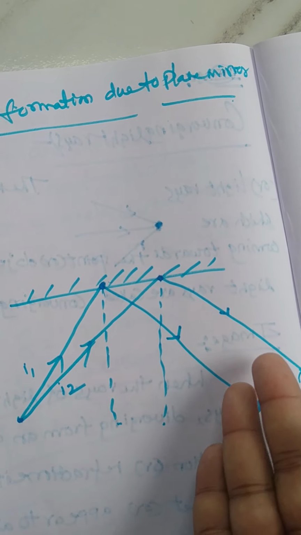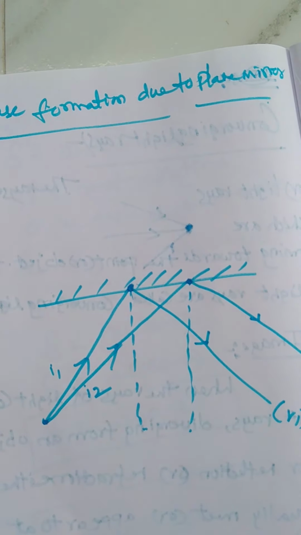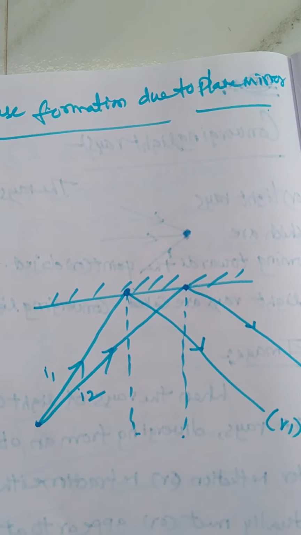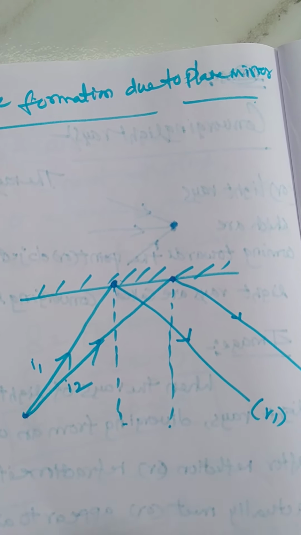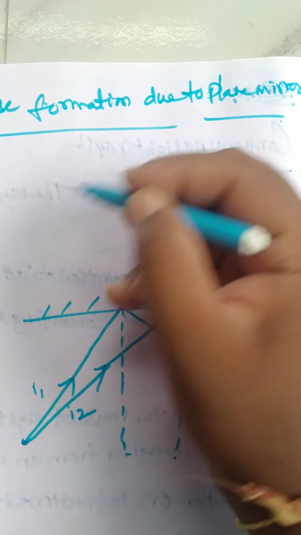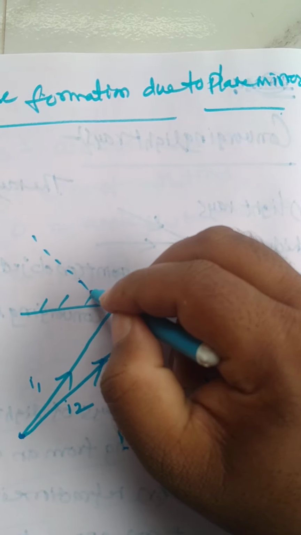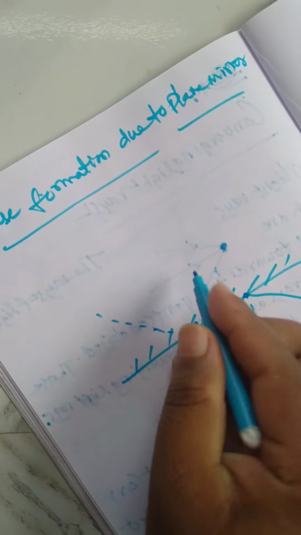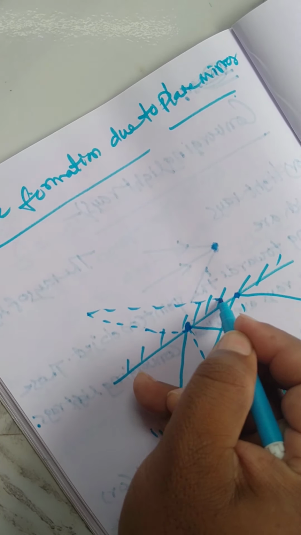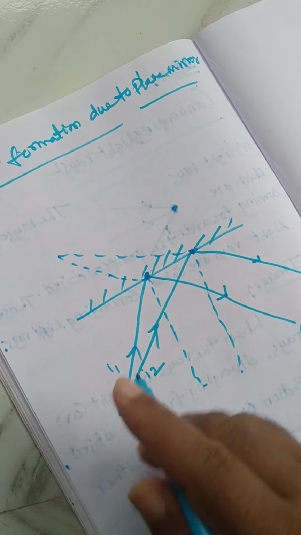So the intersection of reflected light rays only forms an image. Here there is no intersection. So how will they intersect? I extended these two reflected light rays to some other point. Where I intersected them, the image will be formed.